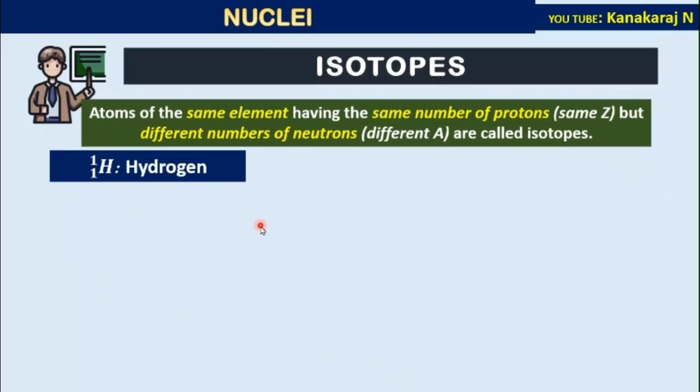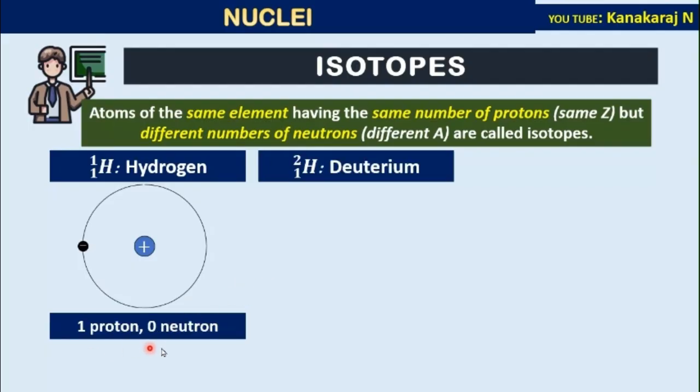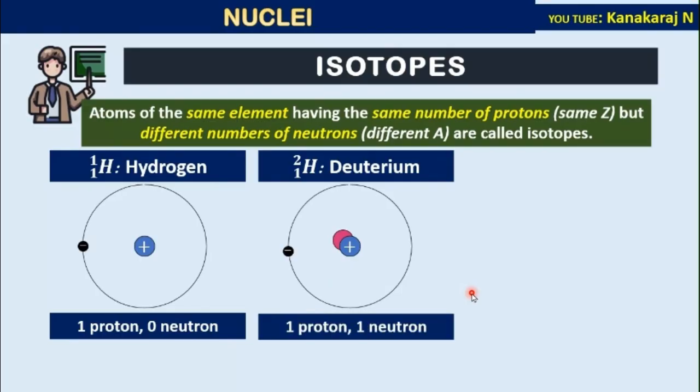H 1, 1 hydrogen. Here we have one proton and one electron in the orbit. No neutron, one proton, zero neutron. Let us go for deuterium, H 1, 2. Here in the nucleus there is one proton and one neutron and one electron is in the orbit. Let us go for tritium, H 1, 3.